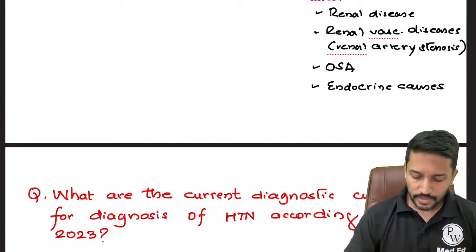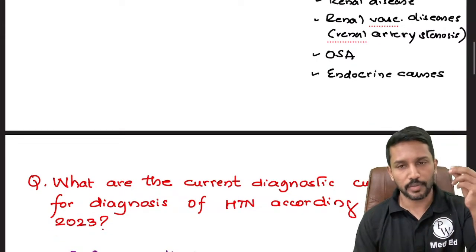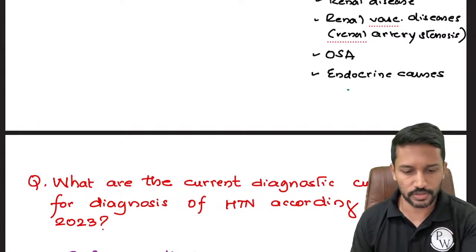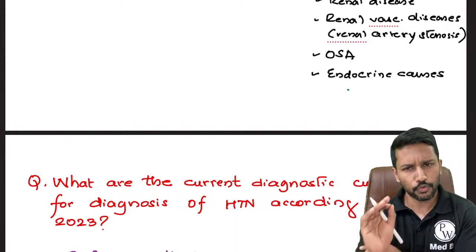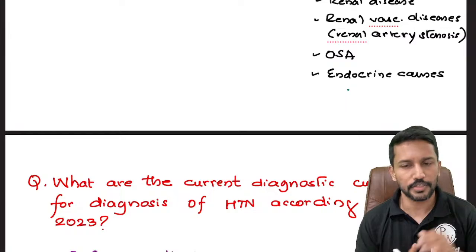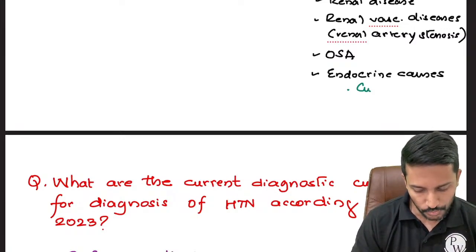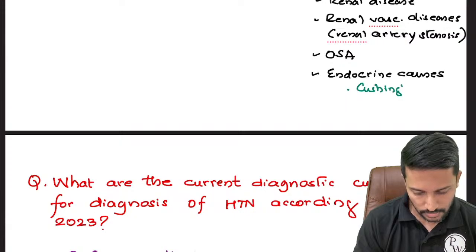Okay, so what endocrine disorders should I think of when hypertension comes to my mind? Can I think of Cushing syndrome causing hypertension? Is it possible? If yes, what is the mechanism? Yes, Cushing syndrome can cause hypertension.